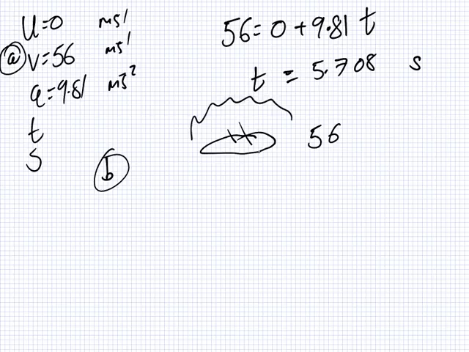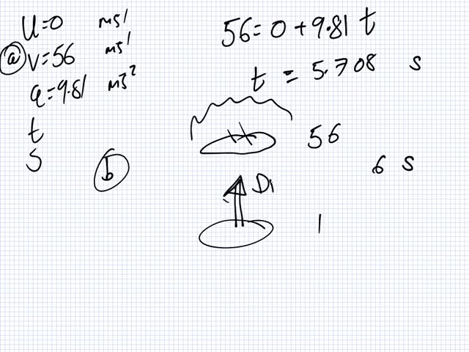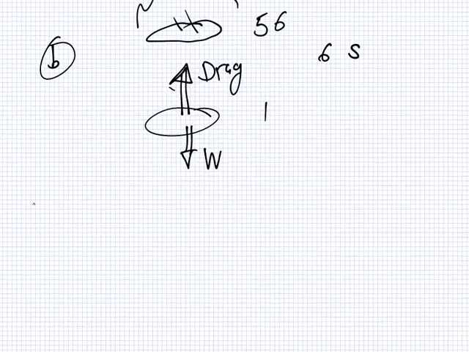That's, if you can't tell, a parachute and that's a man. And then he's now going at 1. And how long did this take? 6 seconds. So there must be a very big drag force that slows him down, but he still has his weight. So let's calculate the acceleration.